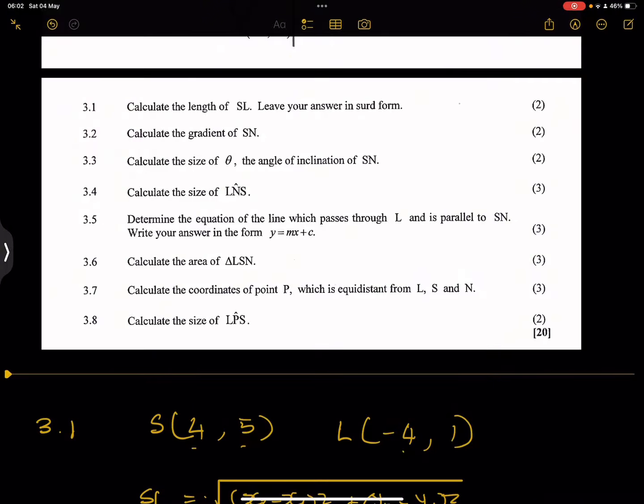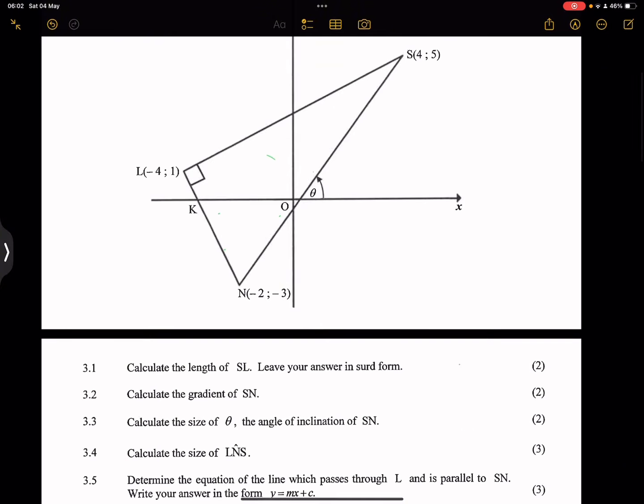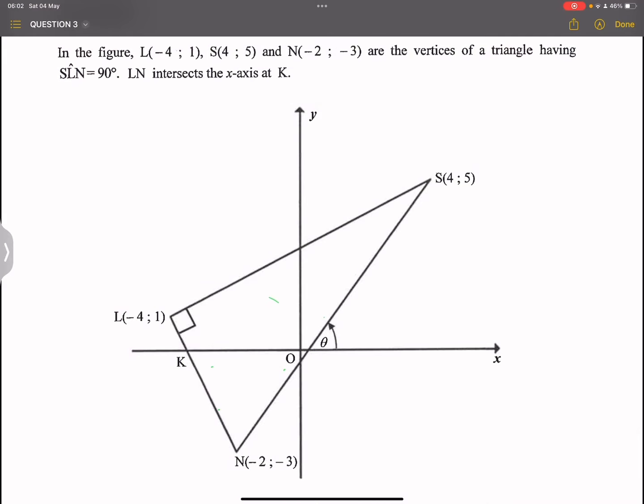And then they say we have to find the area of triangle LSN. So the area of that entire triangle, in this case, this is a 90-degree triangle.